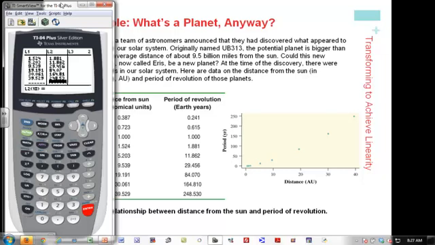Okay. Unfreeze. Unmagnify for you. Oops, that was interesting. There we go. All right, so there's our data in L1 and L2.